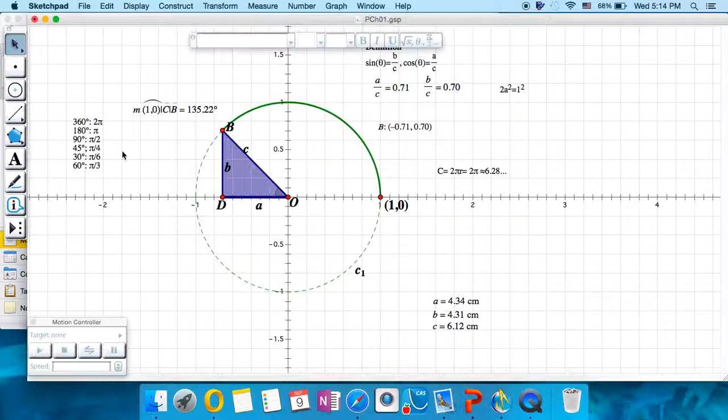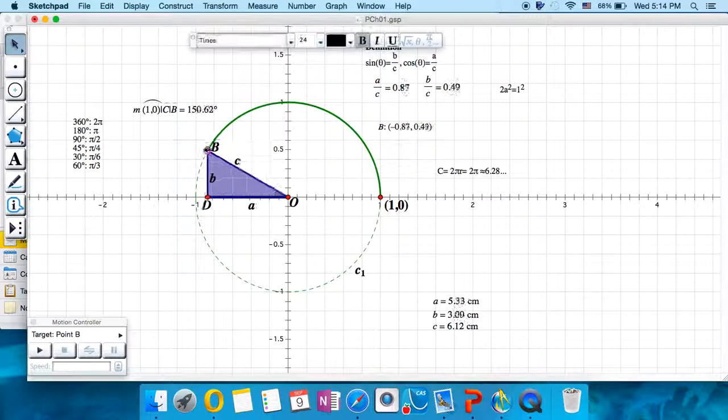So it's 3 over 8 pi? No, 3 pi over 4. But you see that this triangle is just reflected over the y-axis. So a is the negative of this, negative 0.71, and the rise is still the same because it's positive.